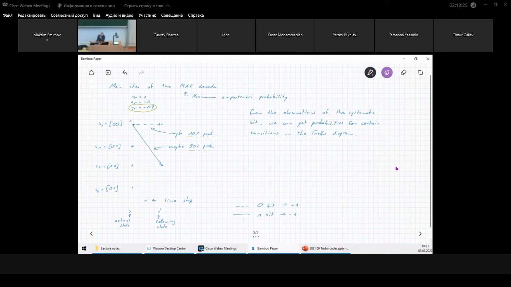So if you have the observation and the probabilities as we described here, like with 10% probability, we will reach this one. And with like 90% probability, we will reach this one. So probabilities to reach certain states.